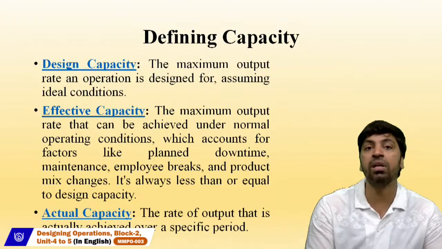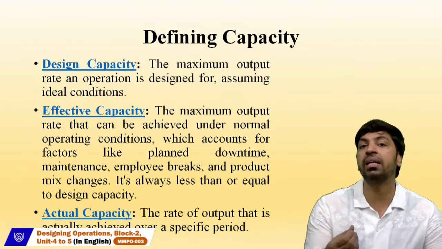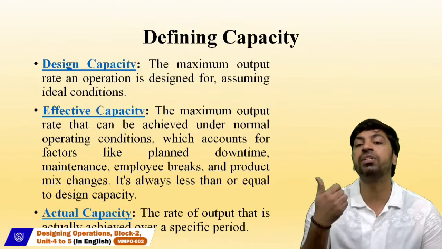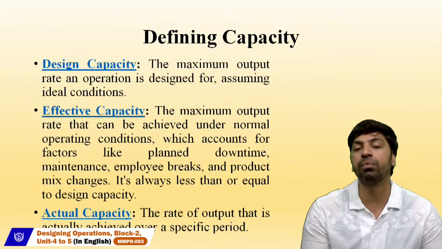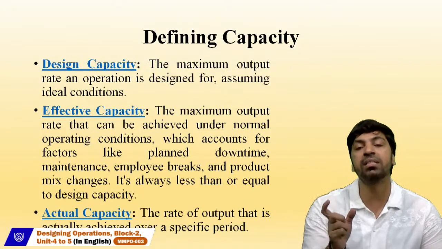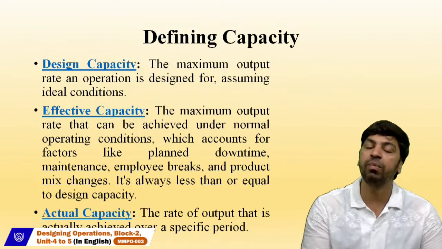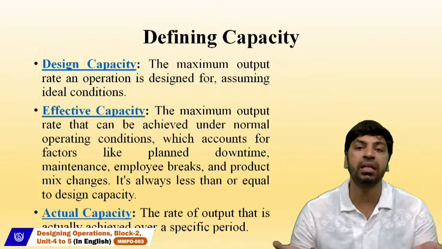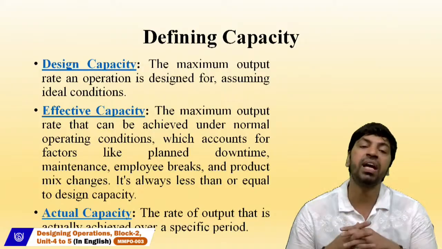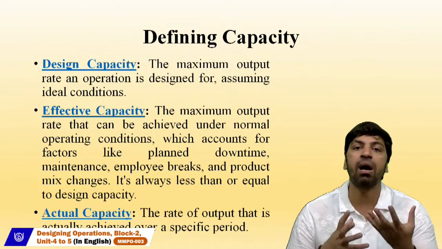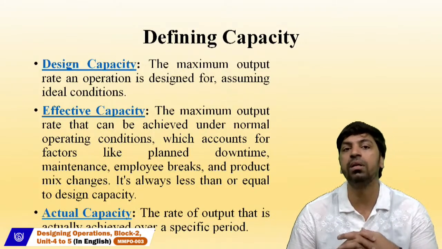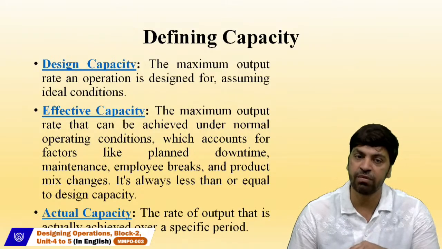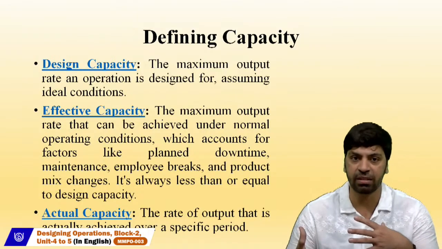After all, it is very important to design an operation that produces at a maximum output rate, assuming normal conditions. Effective capacity is all about what can be achieved under normal operating conditions while accounting for these various factors.